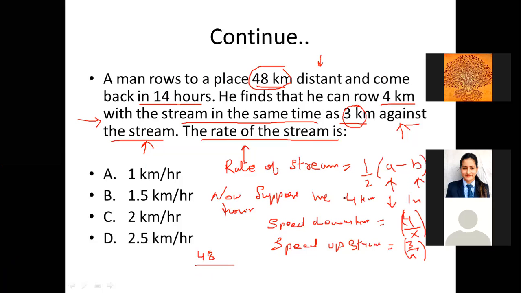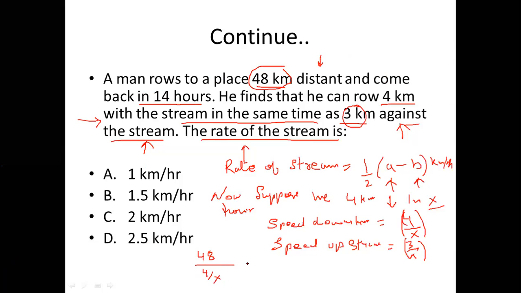So 48 upon speed, that is speed that just now we have found, 4 by X, plus 48 by 3 by X, covered in how much time? In 14 hours. So that is equal to 14. Solve this equation. Yes guys, solve this equation.